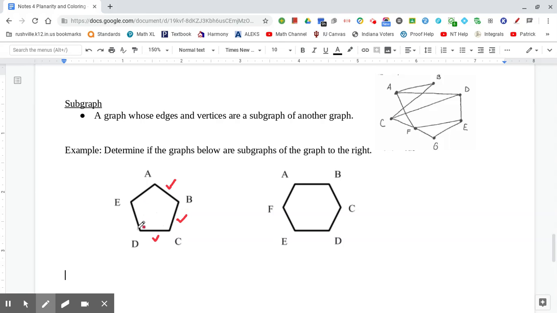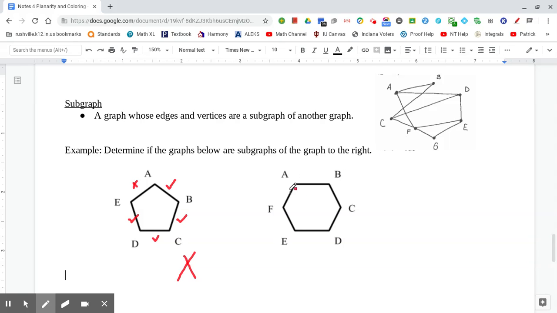Is there an edge connecting D and E? D and E, yes there is. And A and E? A and E, no, there is not. So that edge does not exist in this graph up here, which means that no, this graph is not a subgraph of this one up here.